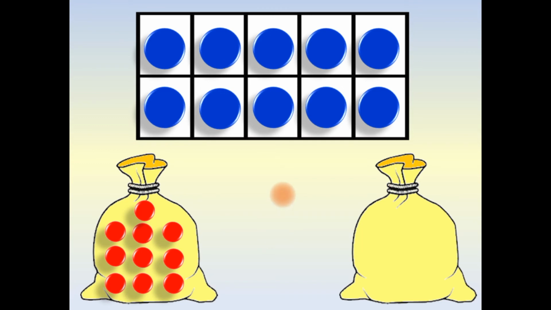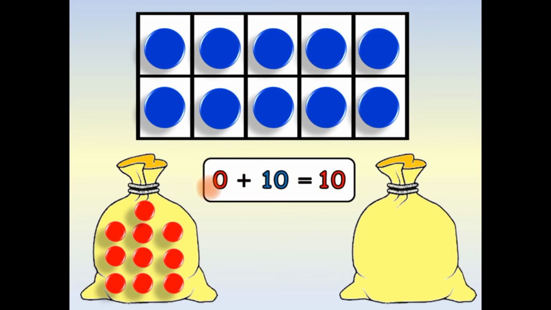We only distributed the blue pawns. So it is 10 blue pawns plus 0 red pawns gives us 10. So the equation is 0 plus 10 equals 10. 0 red pawns plus 10 blue pawns gives us 10.